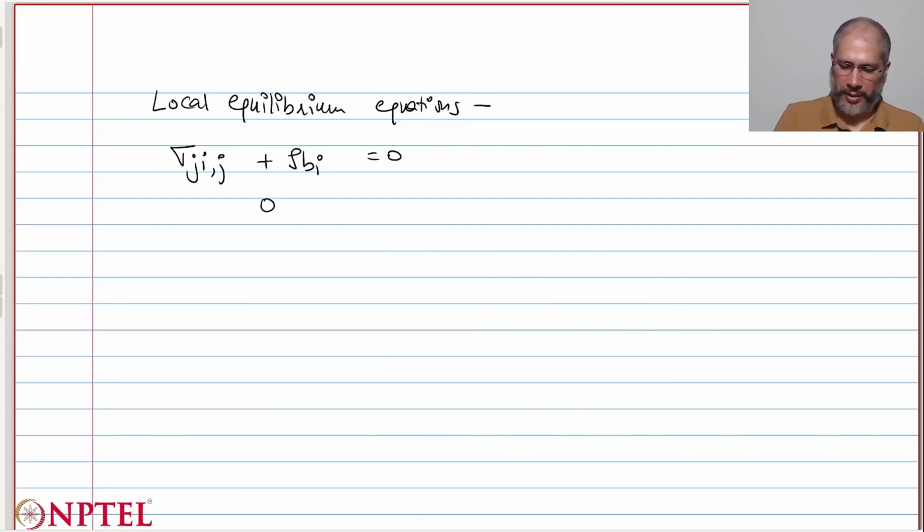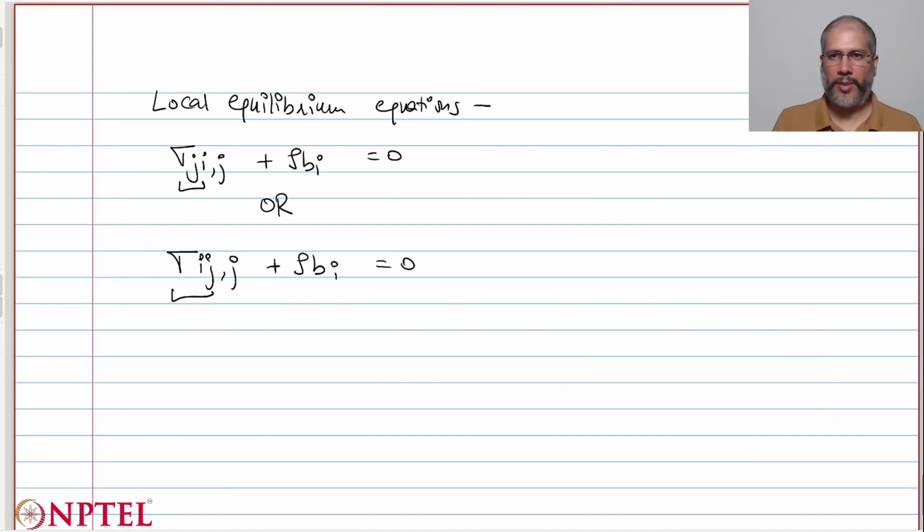So I can also write this as sigma ij comma j plus rho bi equal to 0, because sigma ji is the same as sigma ij using the moment equilibrium. In the symbolic notation, I can write this as the divergence of sigma plus rho b vector is equal to 0. But we'll tend to prefer the index notation expression.